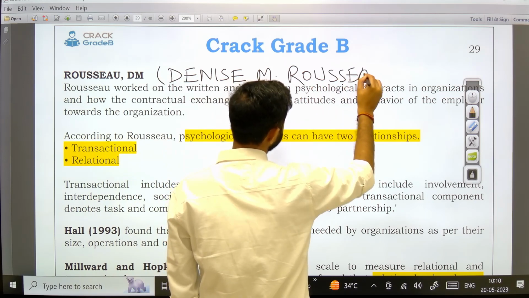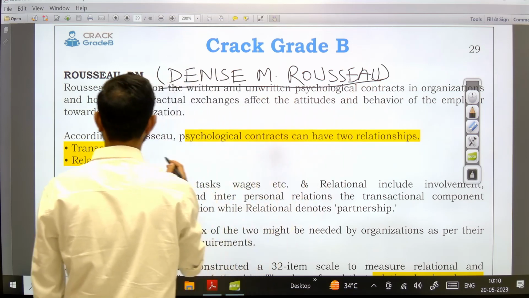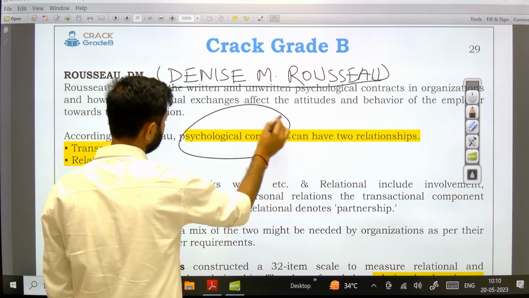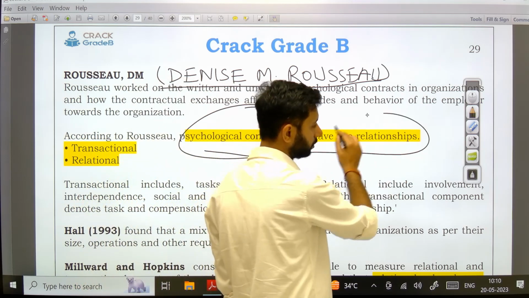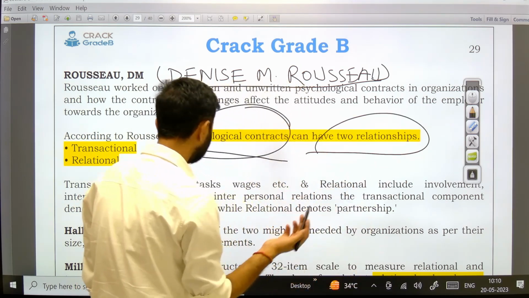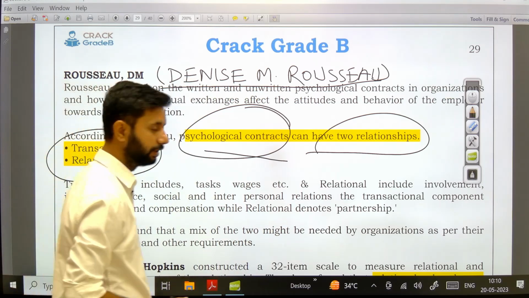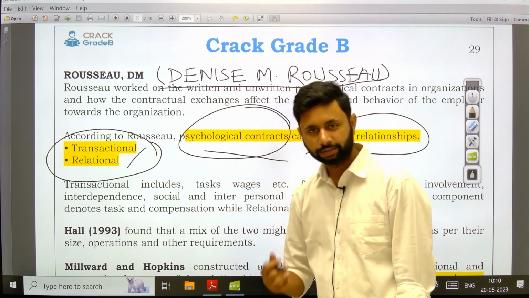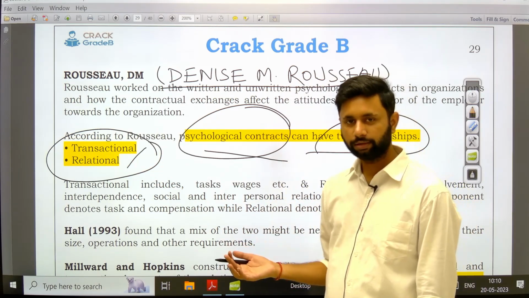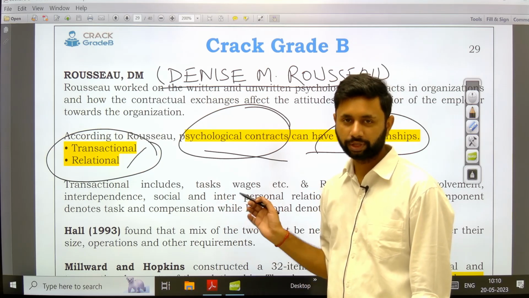She is a psychologist who coined the term psychological contracts, and she says psychological contracts have two relationships. What are those two relationships? Transactional and relational. Let's understand these two terms in detail and see how they relate to industrial relations.